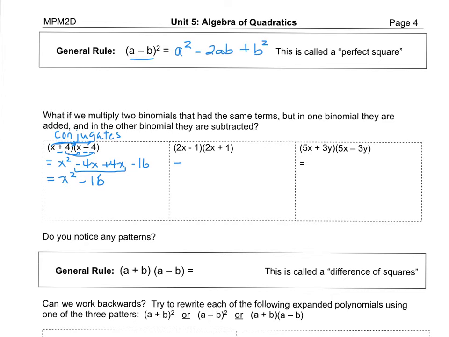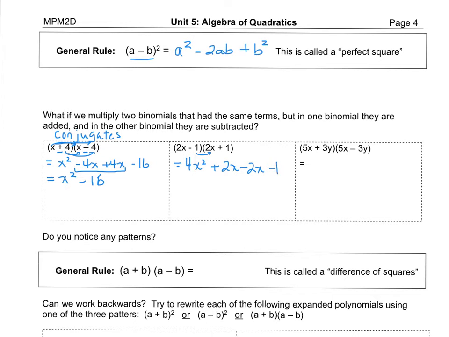All right, so try the next two, multiply them through, and see what you get as your answers. Okay, you should get a 4x squared on this one. 2x times 2x is 4x squared. A plus 1 times the 2x is a plus 2x. And now it's minus 1's turn. We're going to get a minus 2x. That cancels out with the plus 2x, and then a minus 1.